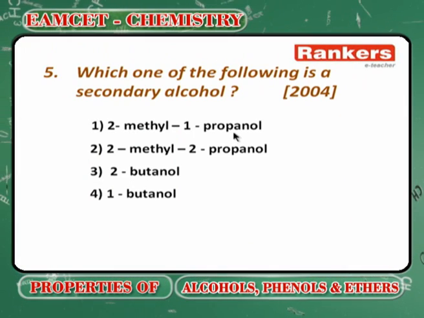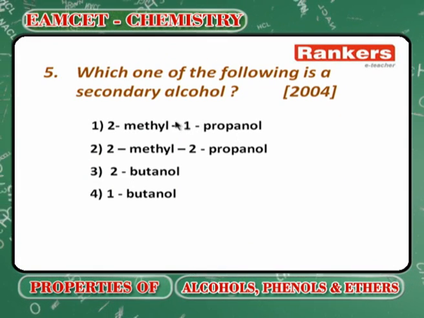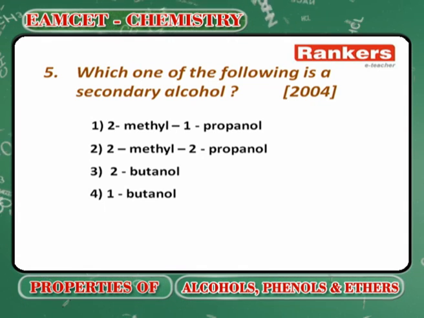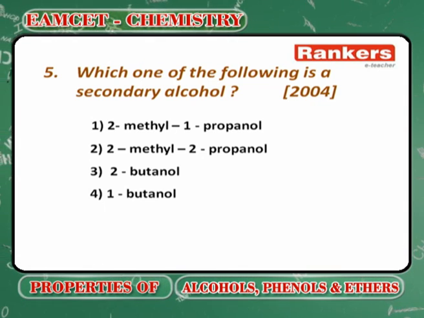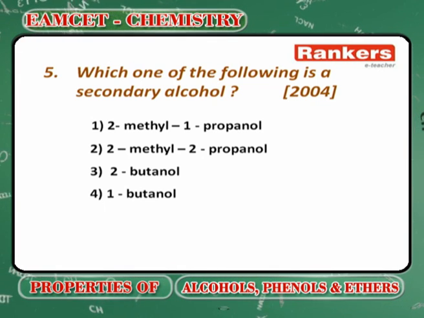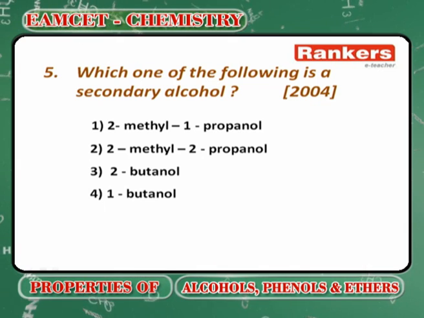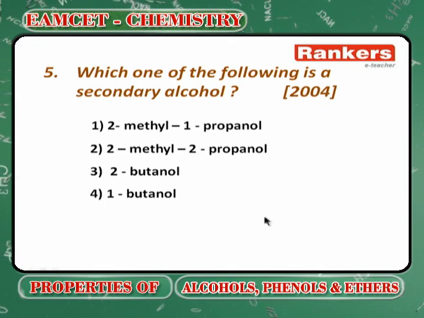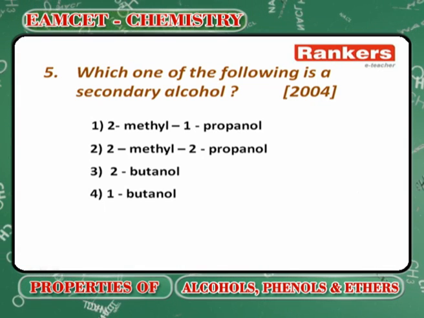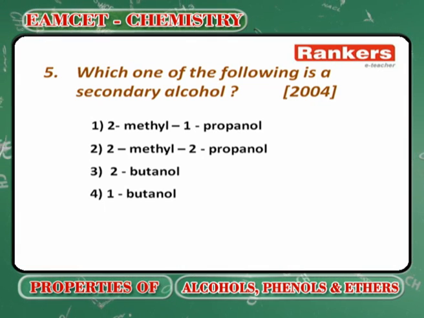Next question. Which of the following is a secondary alcohol? As I said, for the OH-attached carbon, if one alkyl group is there, it is a 1 degree alcohol. If 2 alkyls are attached, it is a 2 degree alcohol. You have to be able to write the structural formulas of the compounds given.